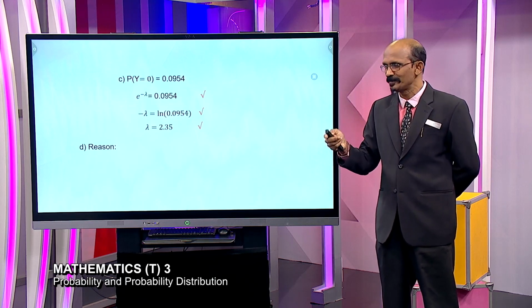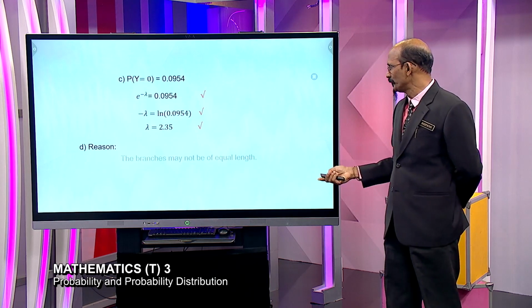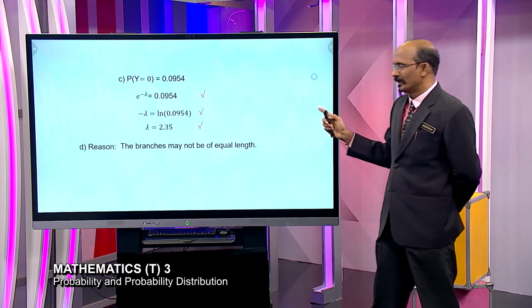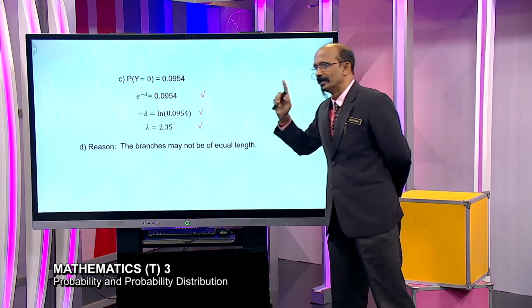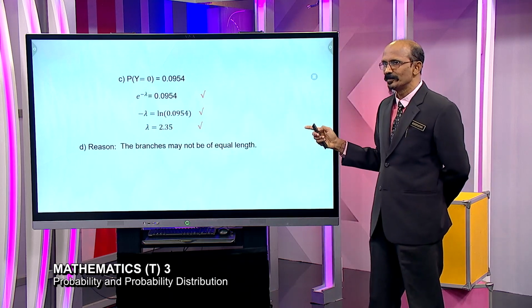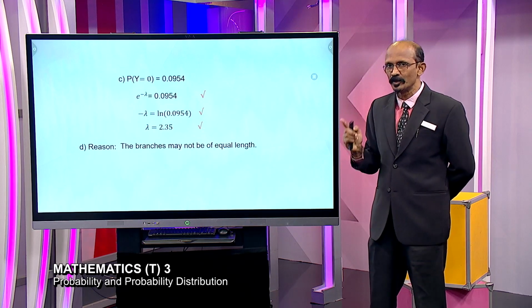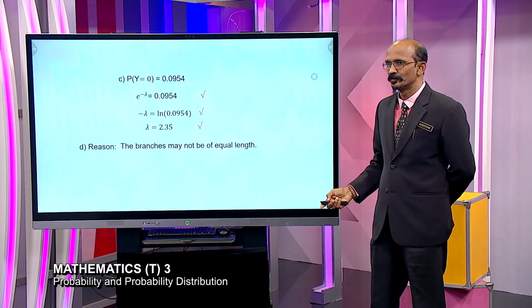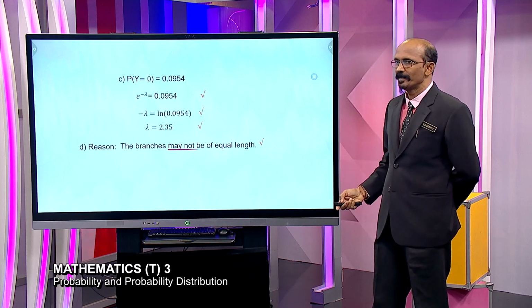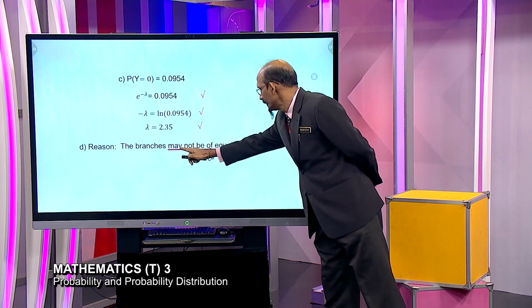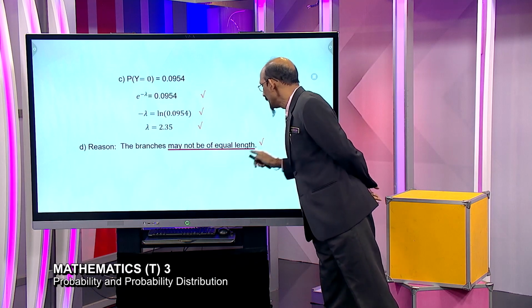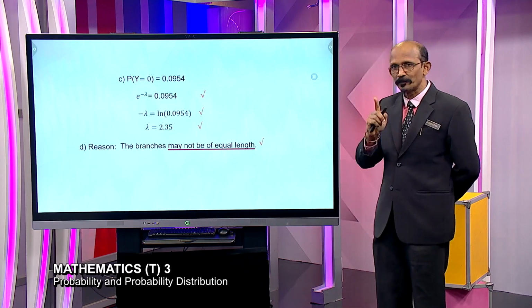For Poisson distribution, in guava trees, the branches won't be equal in length. For Poisson, everything must be equal in length. So if you write that the key point here is not equal in length, you will get 1 mark.